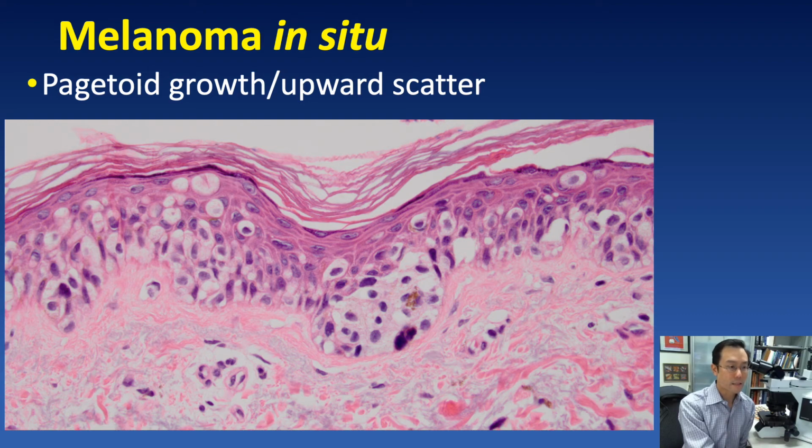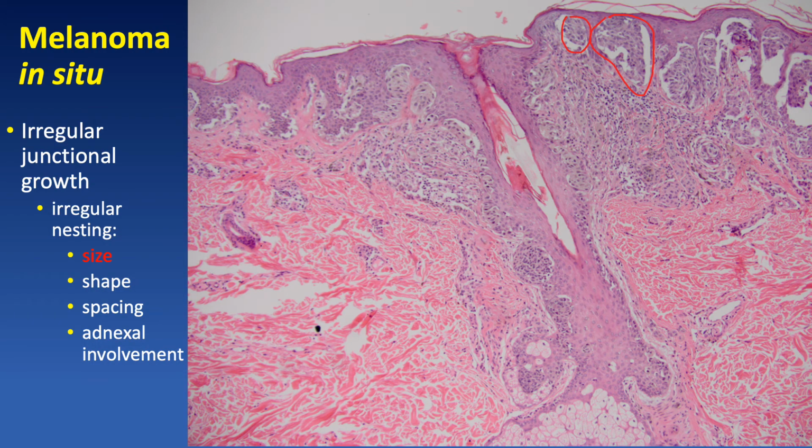I often find myself using the phrase irregular junctional growth as a convenient catch-all for a variety of findings related to the irregularity of the nesting. So it could be irregularity in the size of the nests and/or the shape of the nests. They're not all nice round or oval shaped.